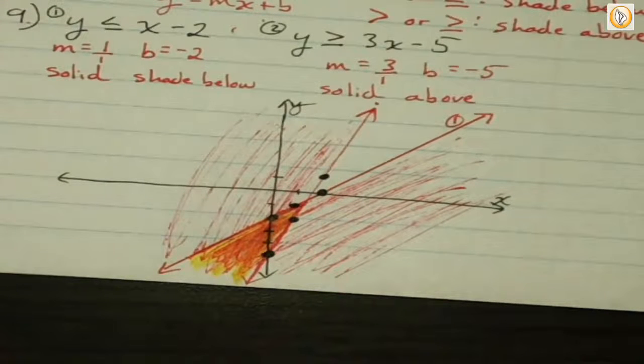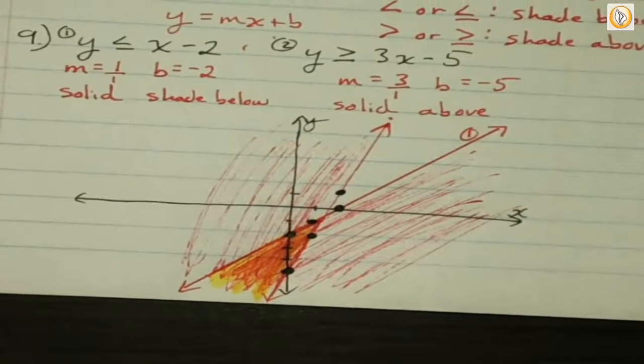That's why I use a highlighter. So I want you to look at this. All you have to do is graph the two lines correctly, shade correctly, and the area where both shading intersects or overlaps, that is your answer.